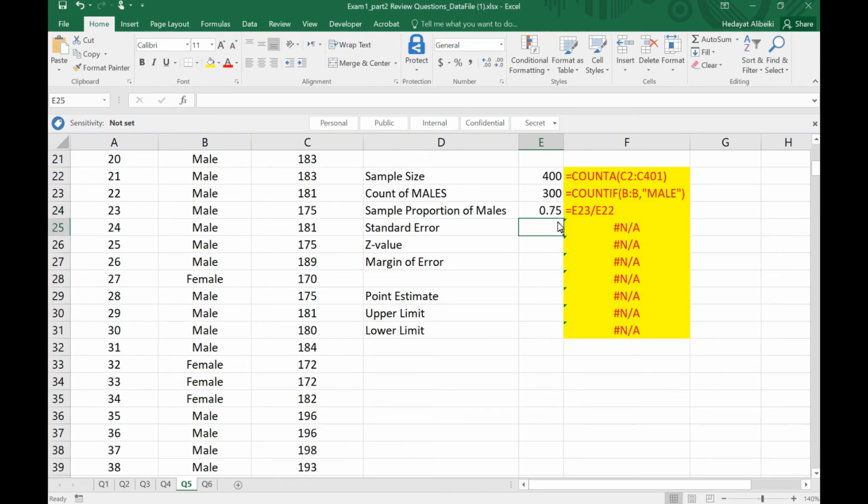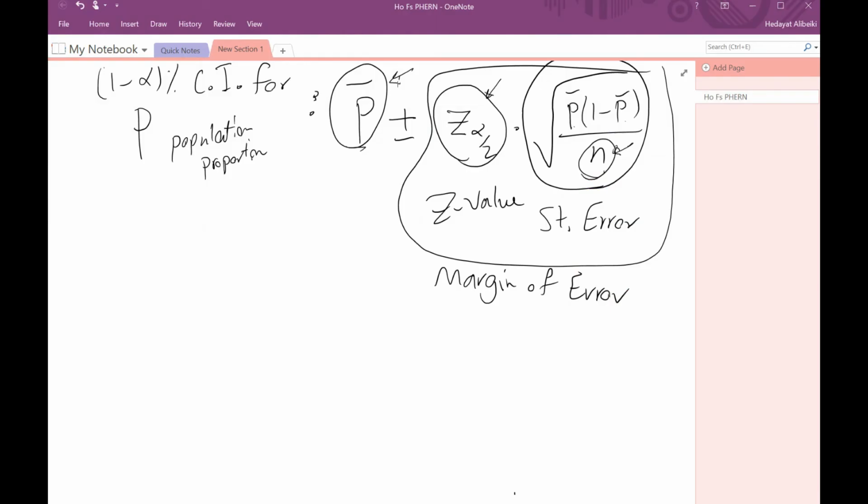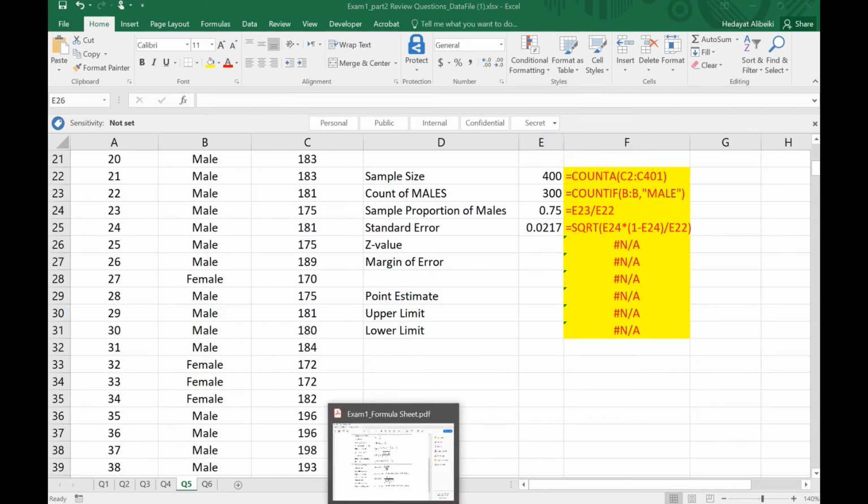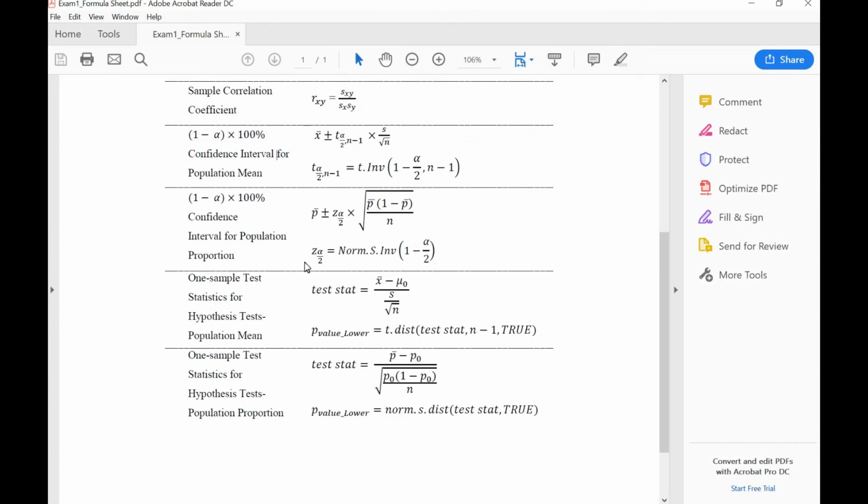Standard error, I just need to apply this function, sqrt of P bar times 1 minus P bar divided by sample size. That would be my standard error. And then the formula for z value is given here: normal standard inverse, 1 minus half of alpha.